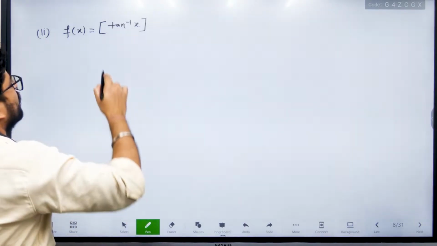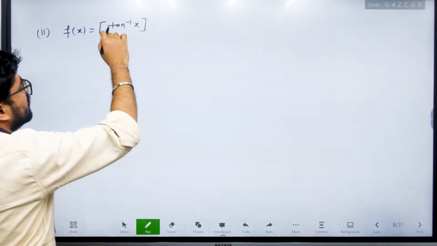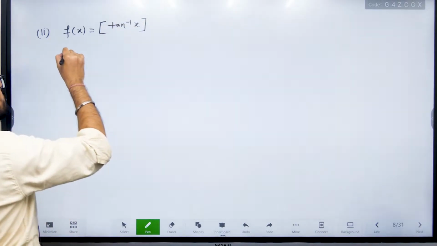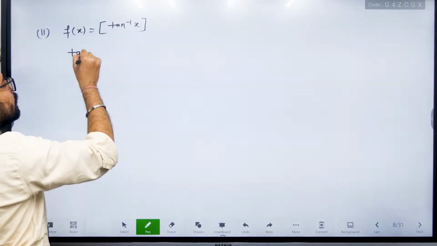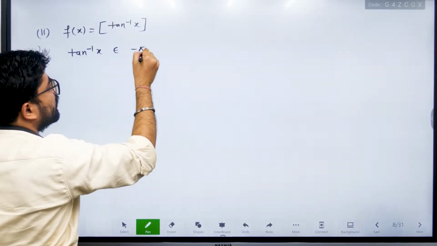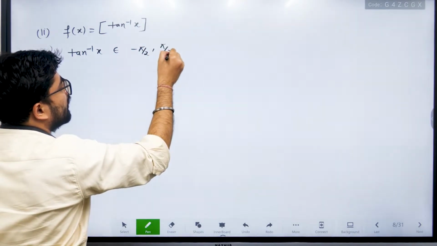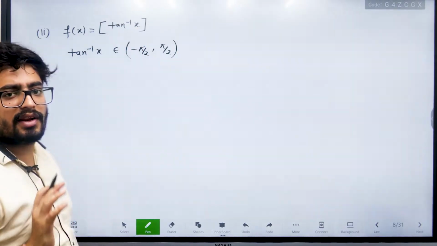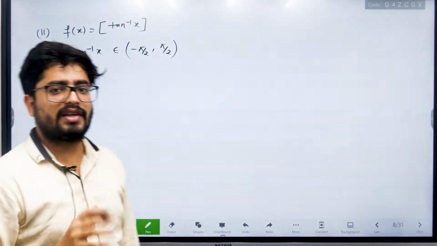Okay. So tan inverse x is what? Sir, we know tan inverse x always lies between minus pi by 2 to pi by 2, both open. Okay, that's the range of tan inverse x. We'll discuss that thing.